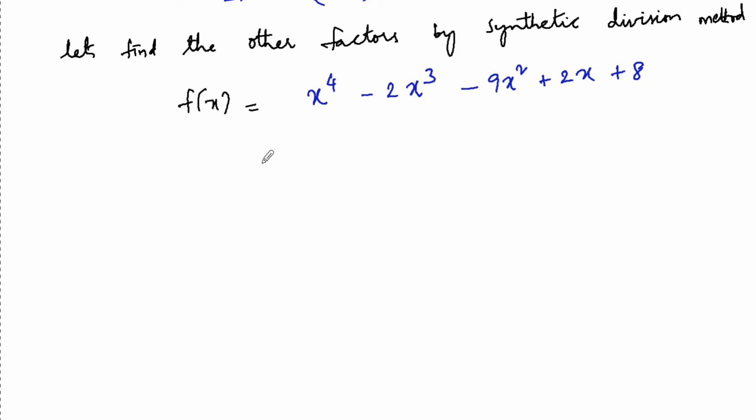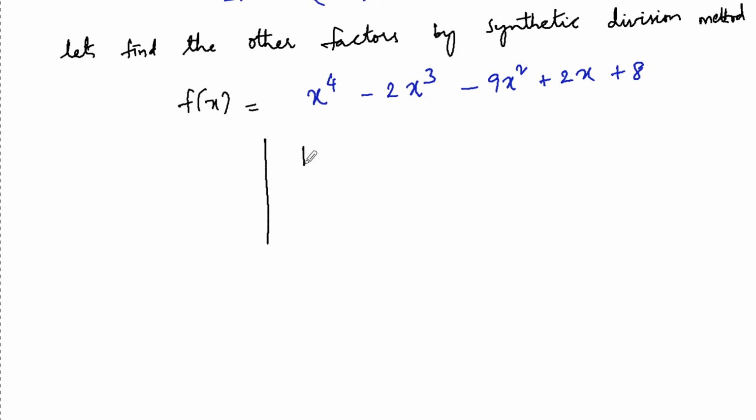While writing, we need to take the coefficients in order. The polynomial is to be written first in order: x power 4, x power 3, x square, x power 1 and constant. Then take the coefficients in order.